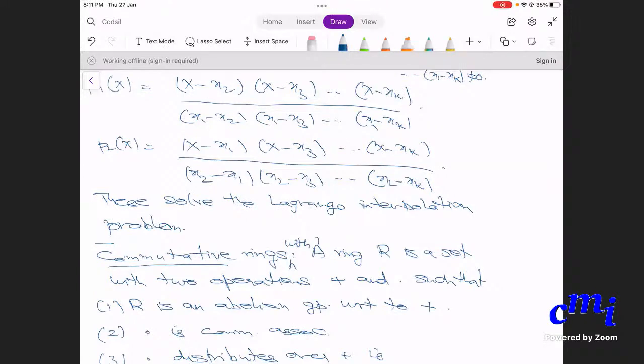Suppose you're given various points x1, y1, z1, x2, y2, z2, and you want to find a polynomial whose graph goes through all of these points. It is possible to do that. But I'm only doing this one variable case to show the close relationship with the Chinese remainder theorem. And I want to do a general version of the Chinese remainder theorem, which will imply both of the things that we did. That's what I'm planning to do the next time.